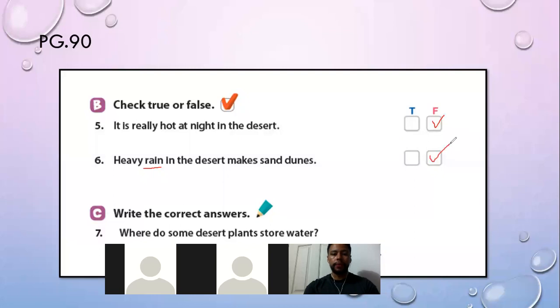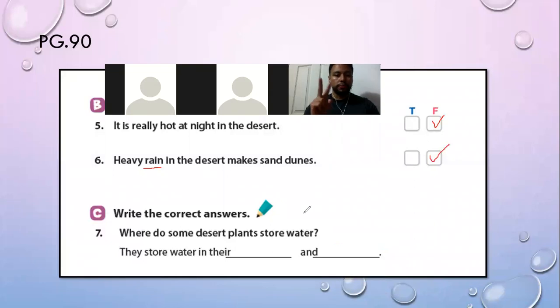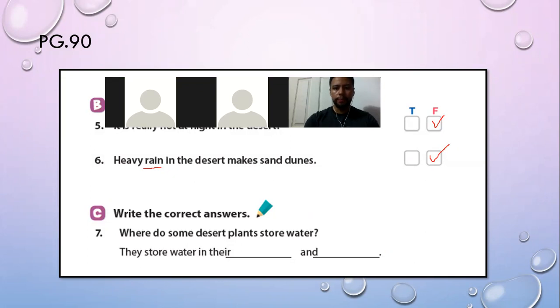No problem, Diego, no problem. We are learning. So, on the last one, who can give me the 2 missing words? Stem. Stem, number 1. And the other one? Stem and what?